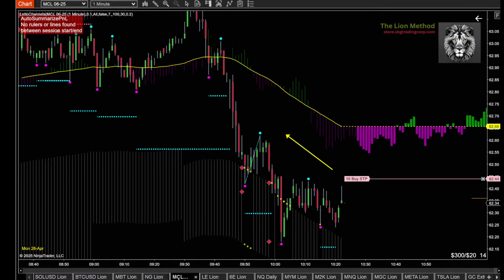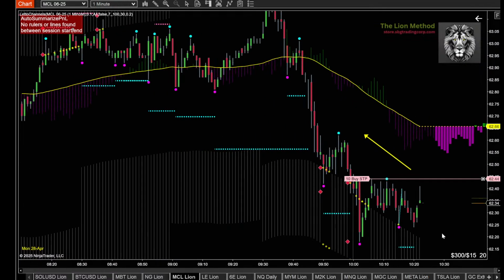Guys, I think we're wrapping up. You see the plan here. Plan is simple. I'm not making anything too crazy. All right, we could do 15 contracts here, like the risk shows in the bottom right.